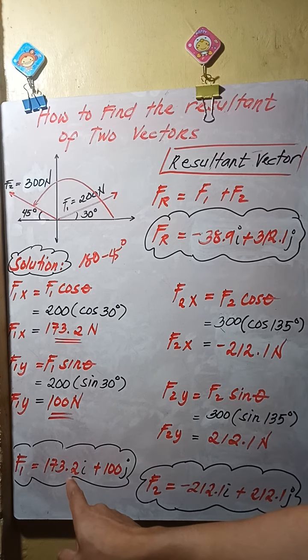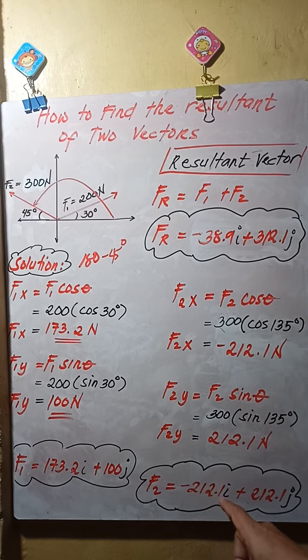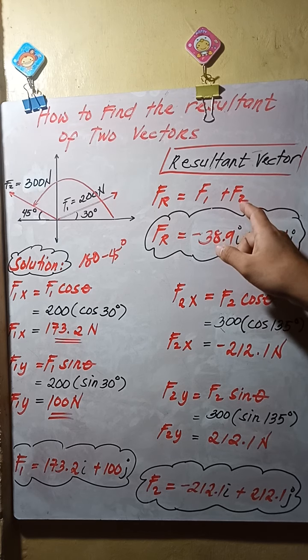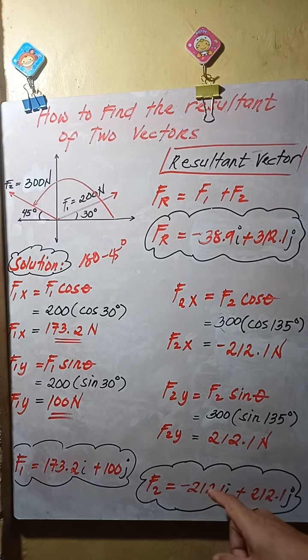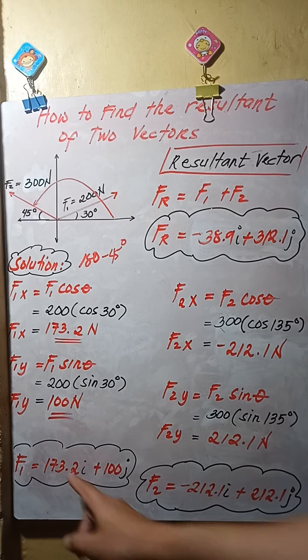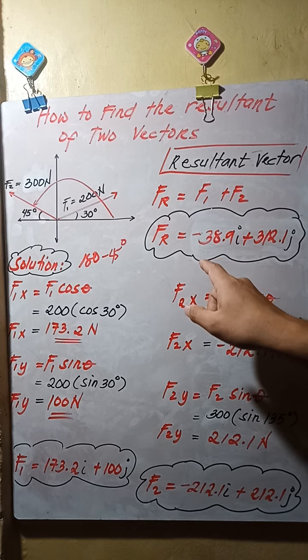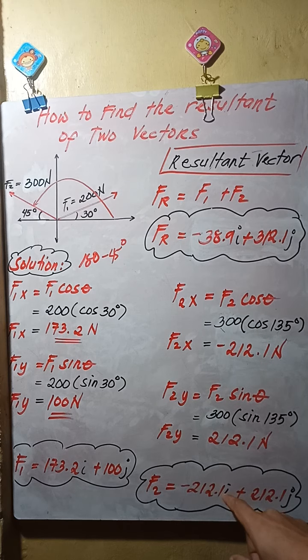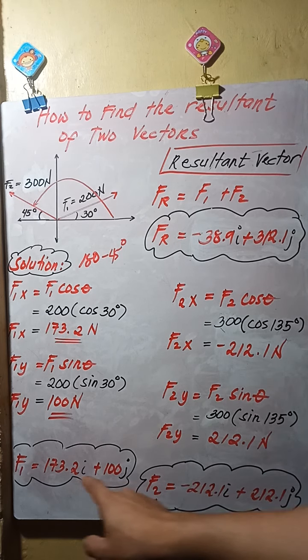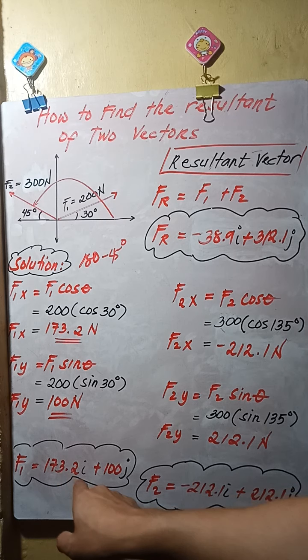So 173.2 plus negative 212.1. So pag in-add natin yan, kasi nga F1 plus F2, pag pinag-add ko yung 173.2 and then negative 212.1, yung sagot natin is negative 38.9i pa rin siya. Kasi nga, you just simply adding the two vector na i.